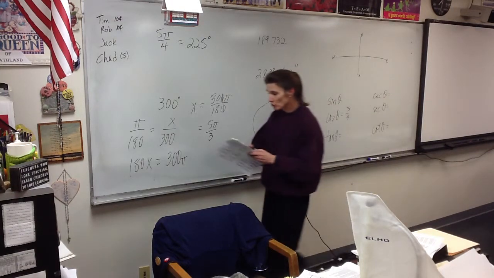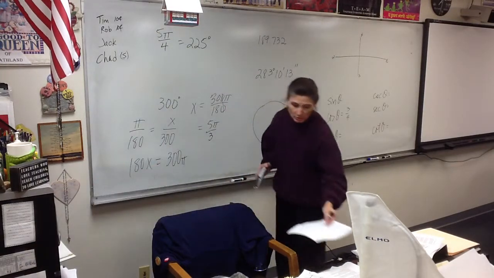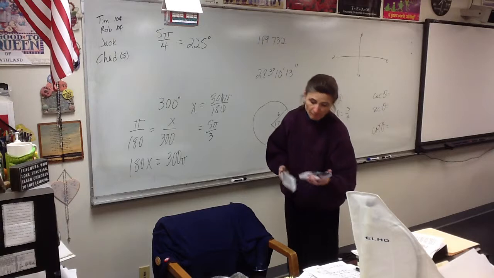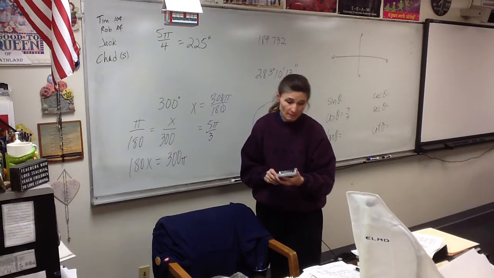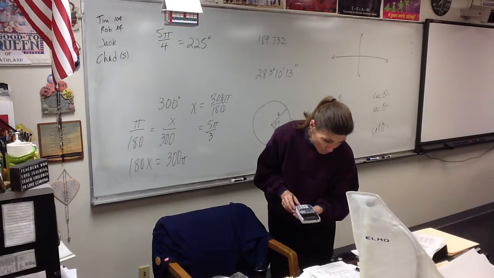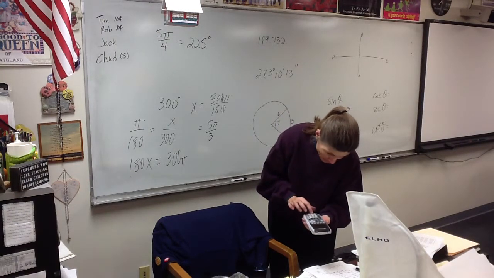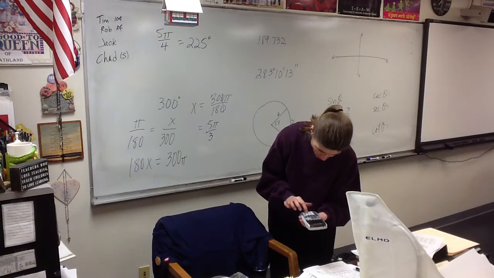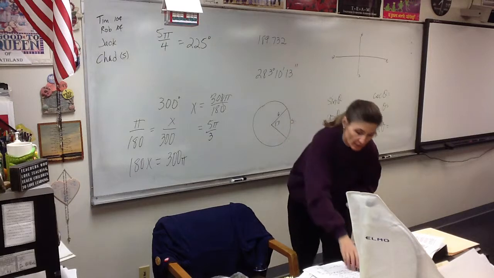The next one has a star next to it. That does mean calculator. So we are going to type into our calculator. Please make sure, first of all, that you are in degree mode. And then we're going to type in 189.732. We're just going to type that decimal in on the calculator.